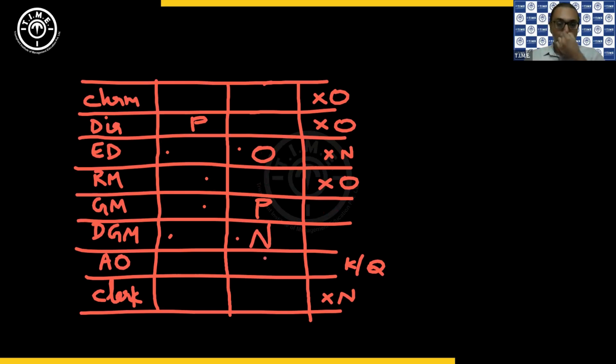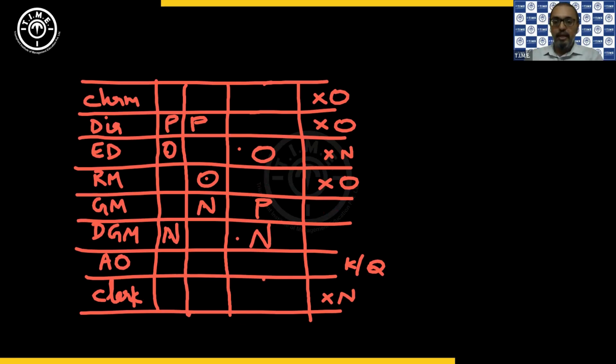So let me take that case here itself. So I'll put P in this case. Two cases. So I can have O as ED, N as a DGM, or O as RM, N as GM. So one among these two is what we need to identify.